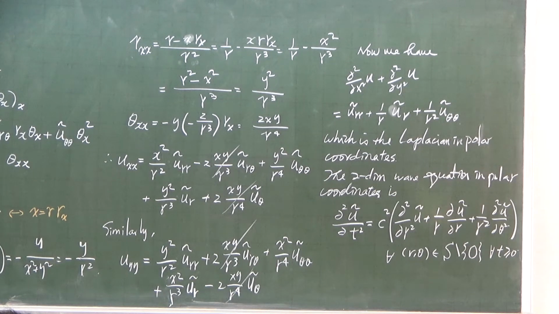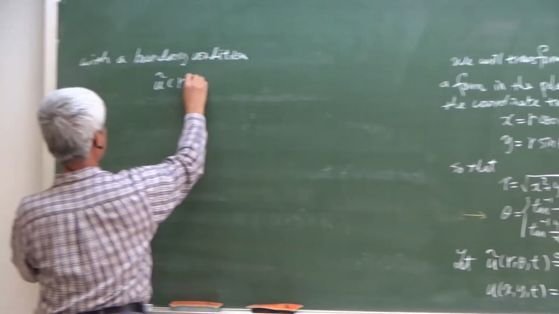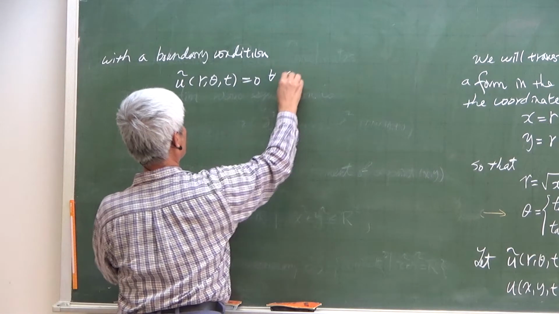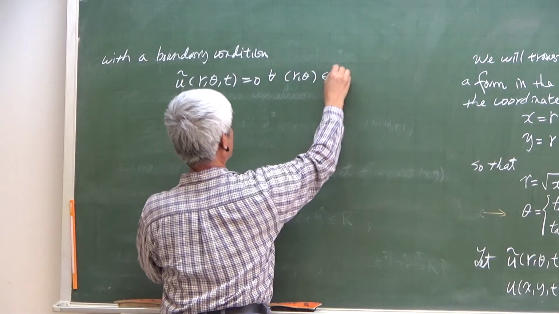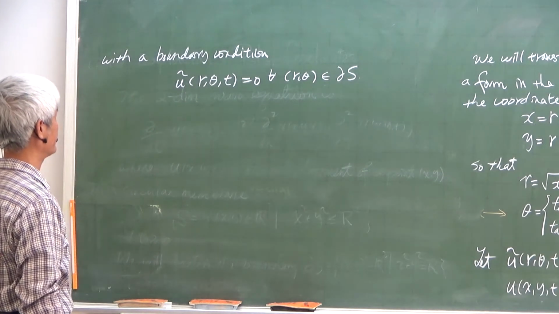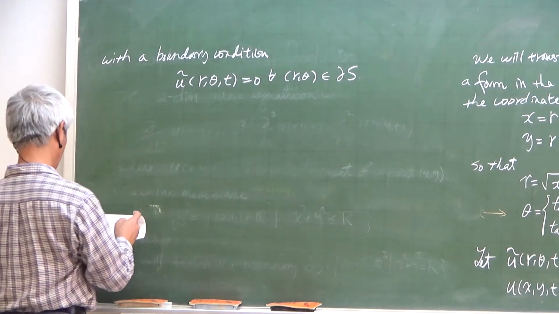With a boundary condition. Okay, the boundary condition is u at the boundary, r, theta, t equal to 0, for all theta on the boundary of the disk. Okay.